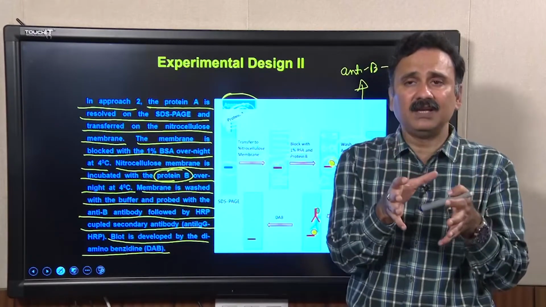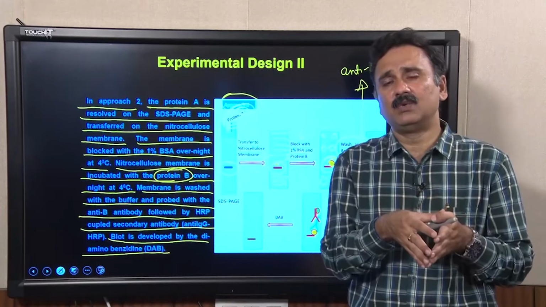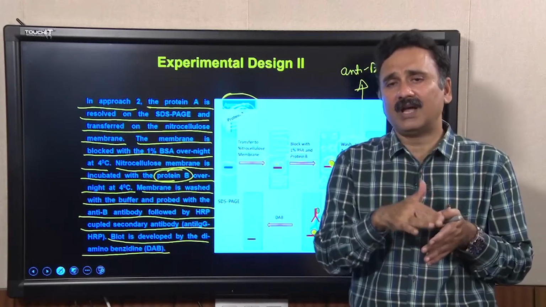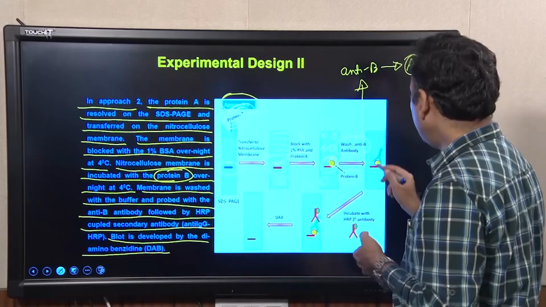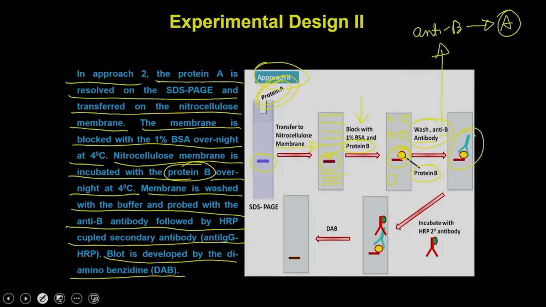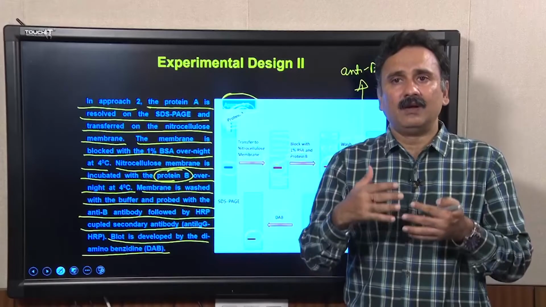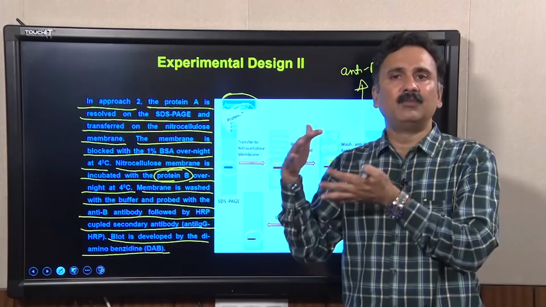So, whatever anti-B you use should not have any cross-reactivity to the A protein. Now, you do the simple Western blotting, and you develop the blot with the help of diaminobenzidine, and that is going to give you a stain at the same place where you have the protein A.